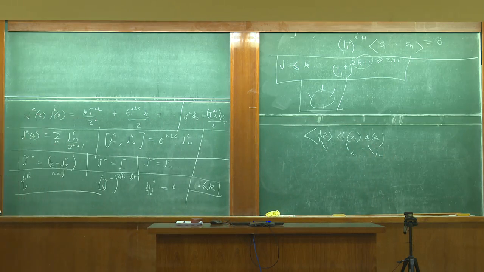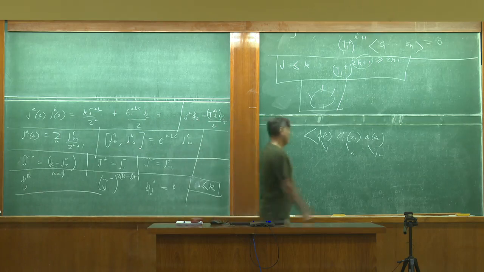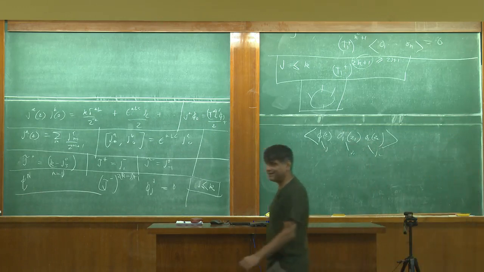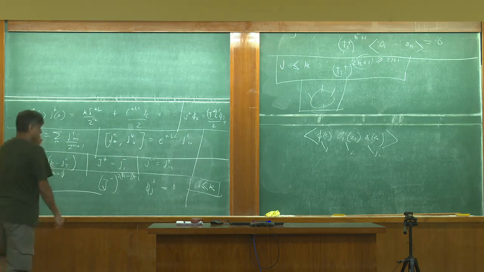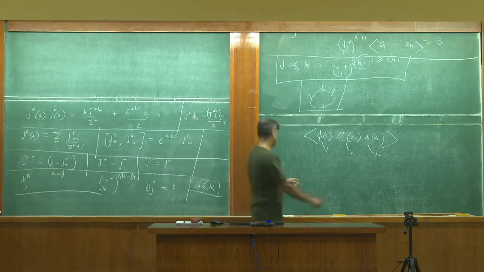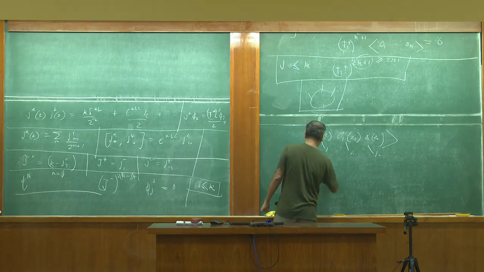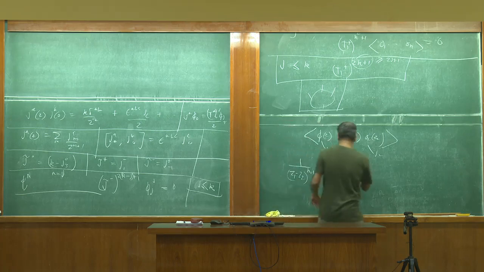We play the same trick as before. The advantage of this three-point function, however, is that we already know beforehand the position dependence of the three-point function. It's some particular position dependence, (z1 minus z2) to the power h1 plus h2 minus h3 and so on, the usual thing, times a C123.